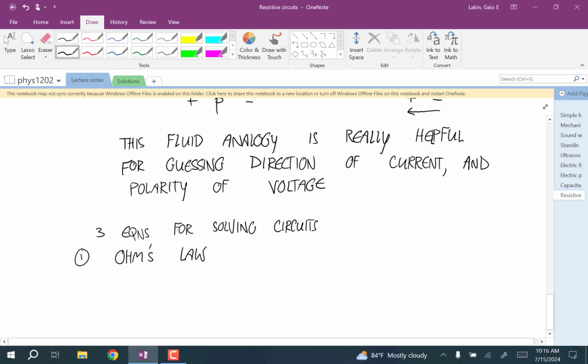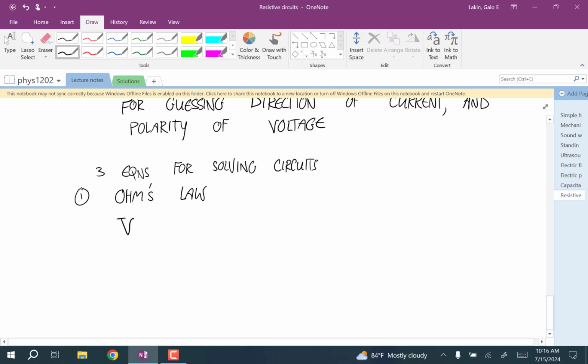I've already showed you this in a different form, but it says that voltage at a resistor is equal to the current flow through the resistor times the resistance. Where the SI units for resistance are, you can see that that would be volts per amp, and we give that its own name, ohms, and it's represented with the Greek letter omega.